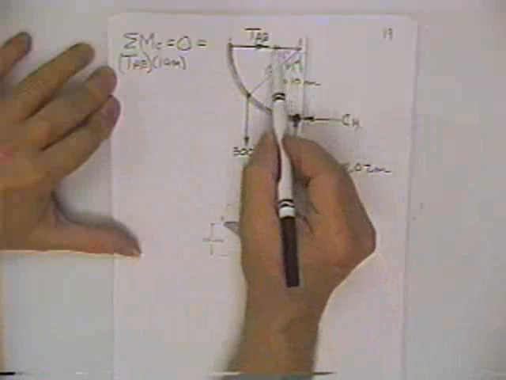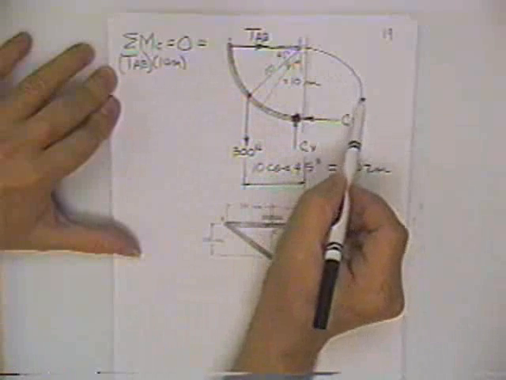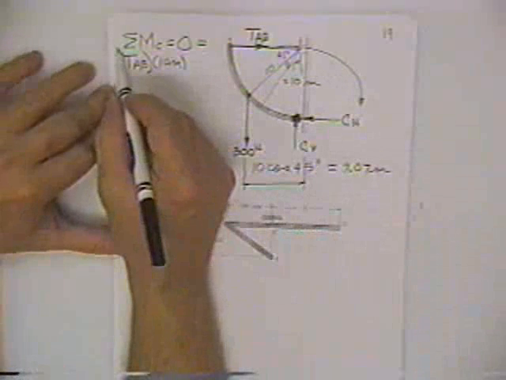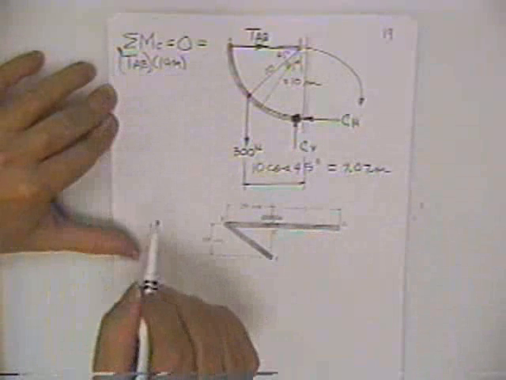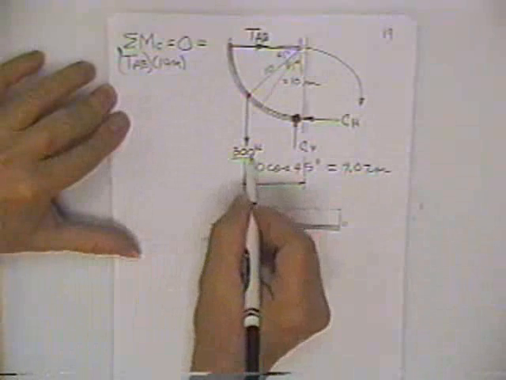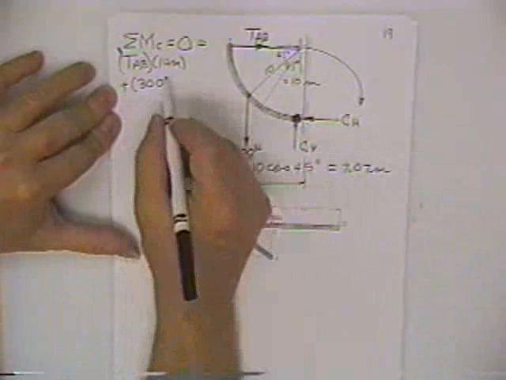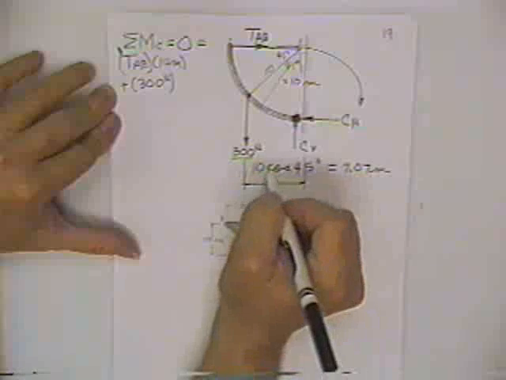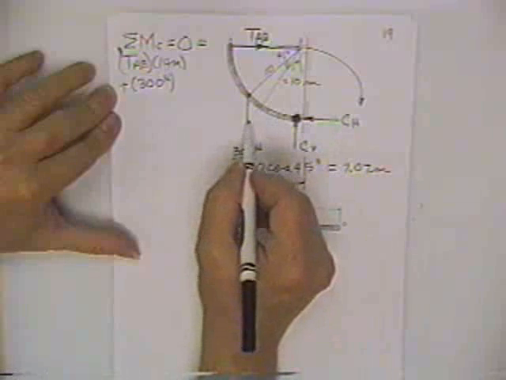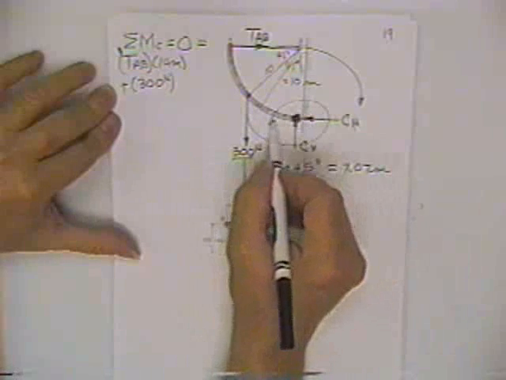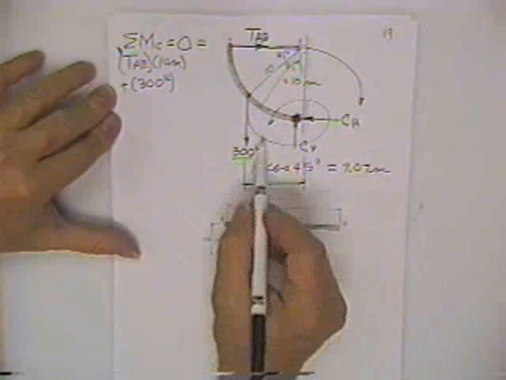His tendency to roll about point C, were he to get away from me, would be this direction. That's a negative tendency to roll. Then we have plus a 300 Newton weight. And I say plus because were it to get away from me, it's going to go this way.